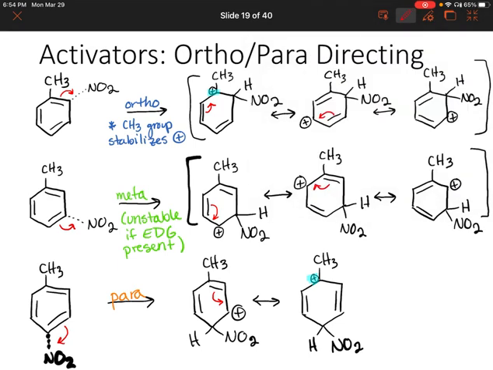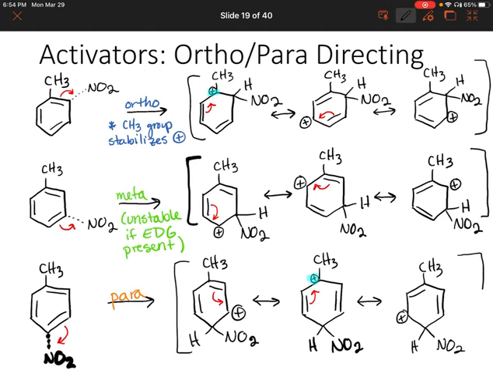All right, let's draw our last resonance structure just to be thorough here. And remember with these resonance structures, we actually have a hybrid structure where we have partial positive charges around the ring.